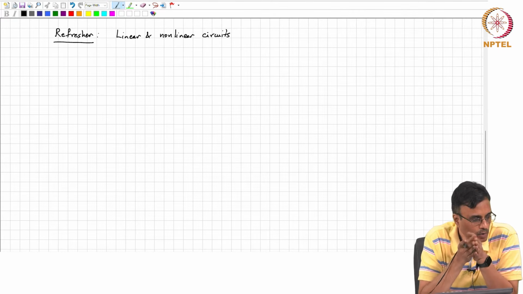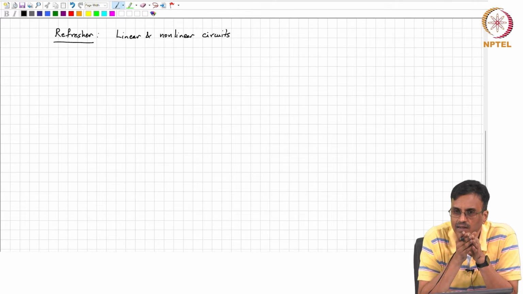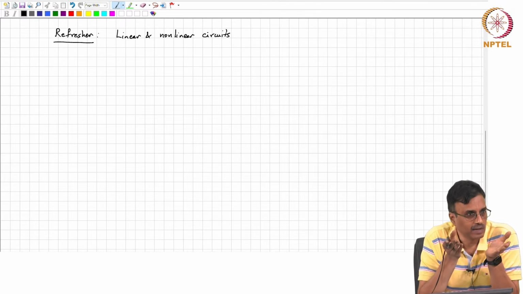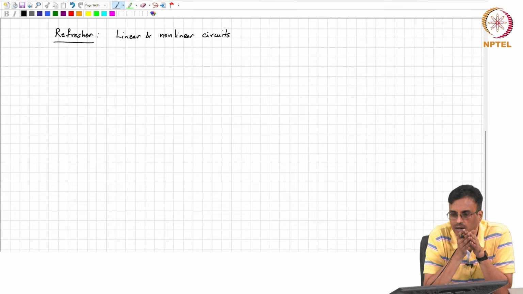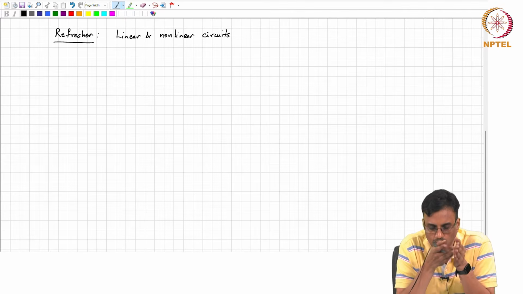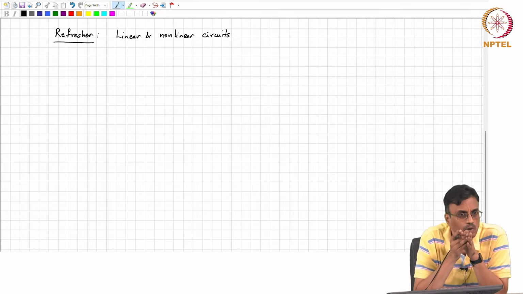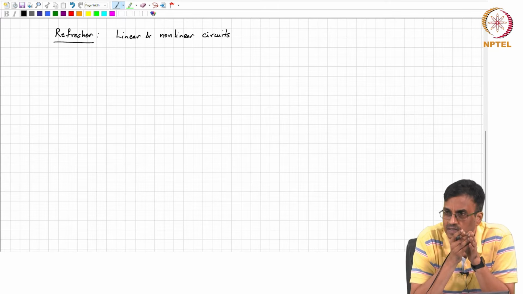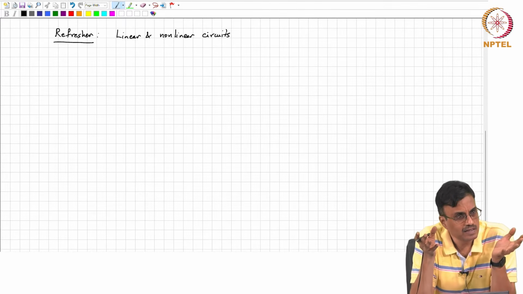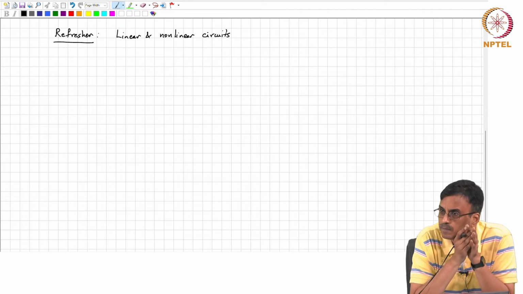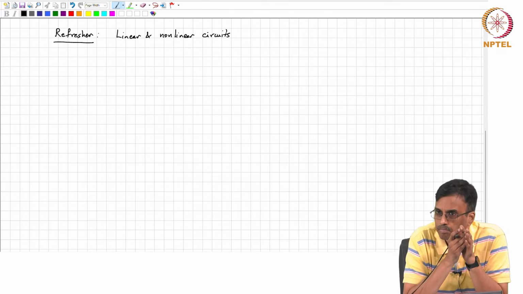And I hope all of you appreciate the fact that a linear system is perhaps the only one which is amenable to the analysis using transform techniques, correct. And so obviously therefore the bottom line is that you spent a lot of time learning about linear systems and tools to analyze linear systems, namely the Laplace and the Fourier transform, correct.